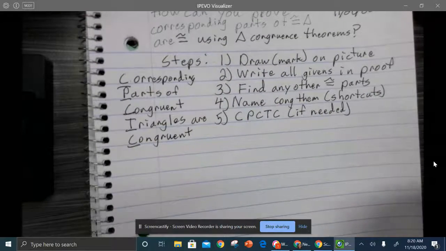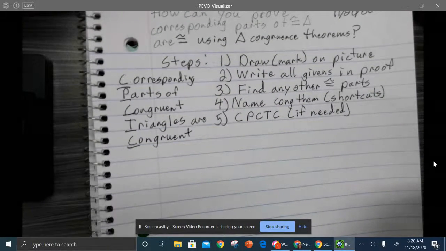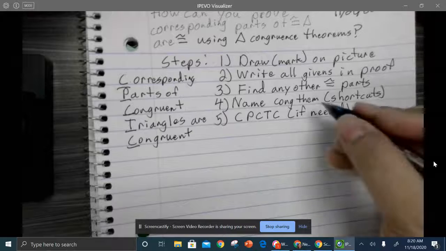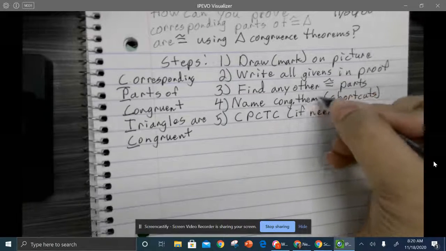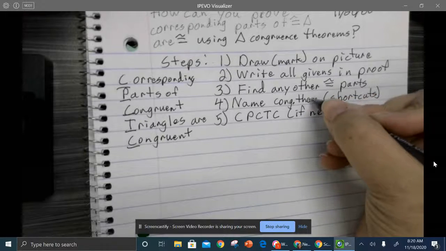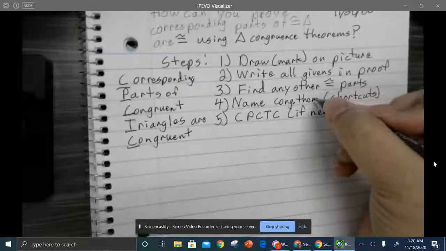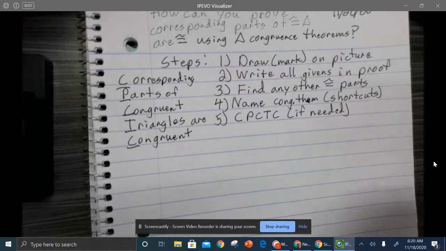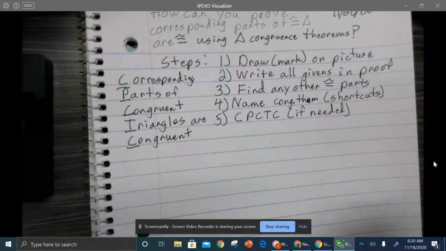We're going to use our congruence theorems, that's theorems or shortcuts.